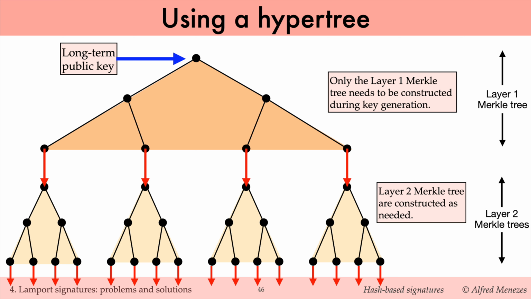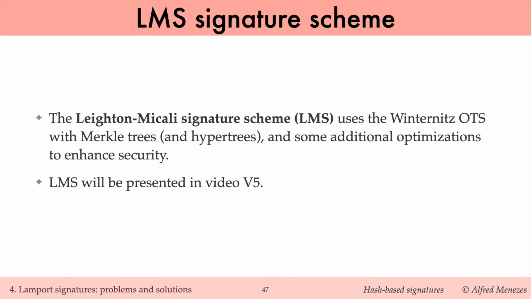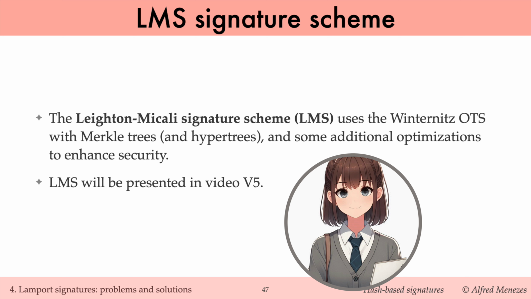This reduces the risk of key reuse, while allowing multiple modules to share signing authority. The Leighton-Micali signature scheme, LMS, employs the Winternitz OTS with Merkle trees and some additional optimizations to enhance security. LMS will be presented in video V5.